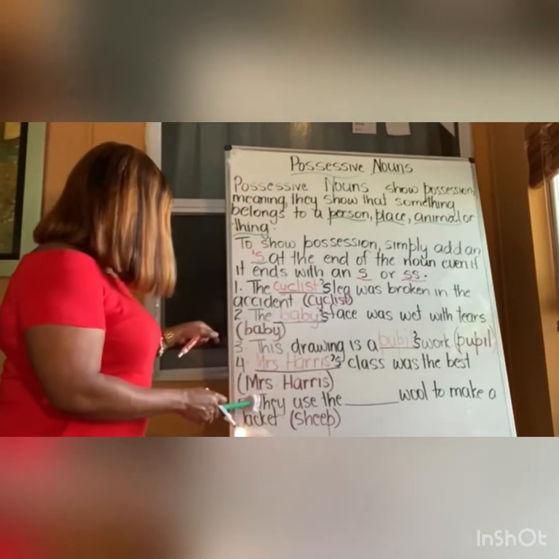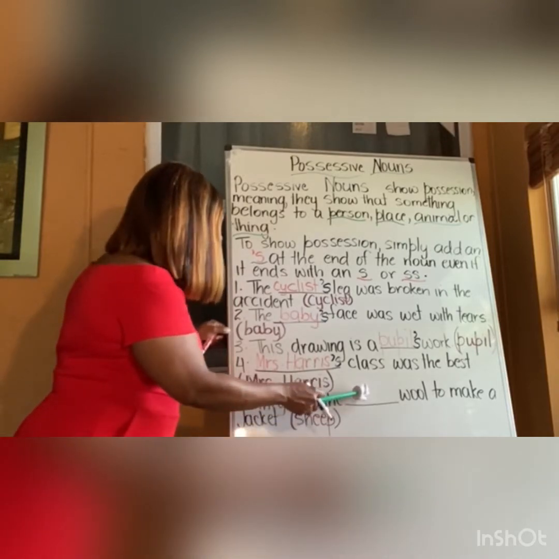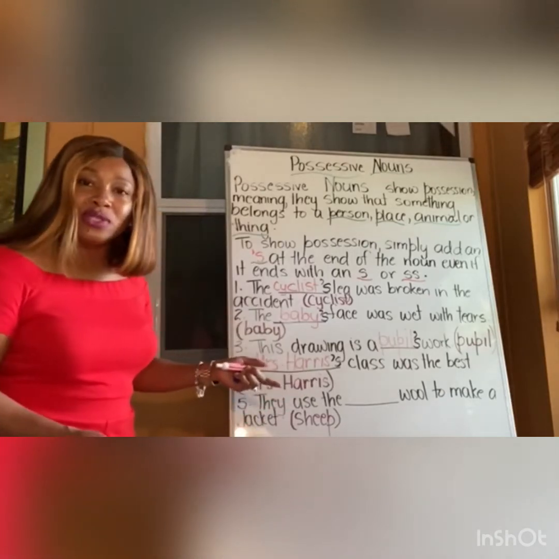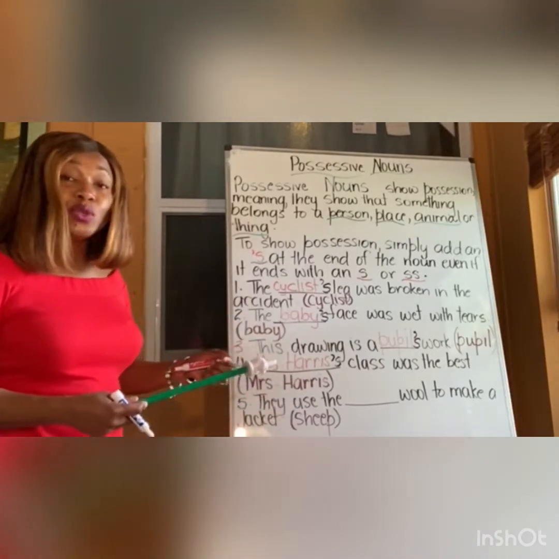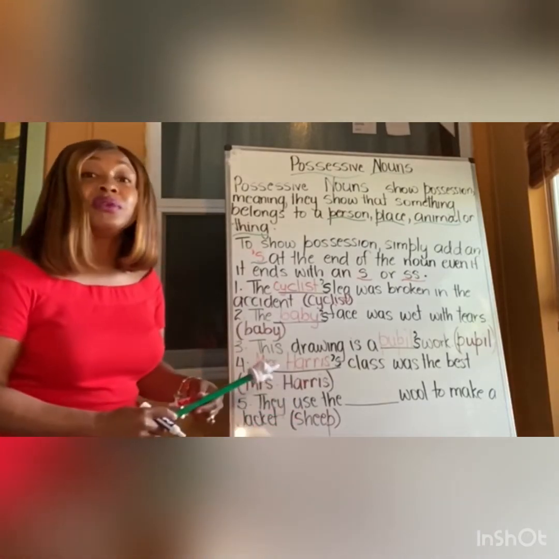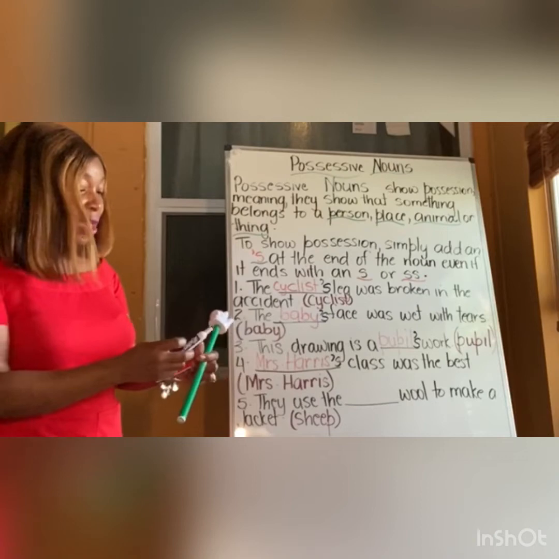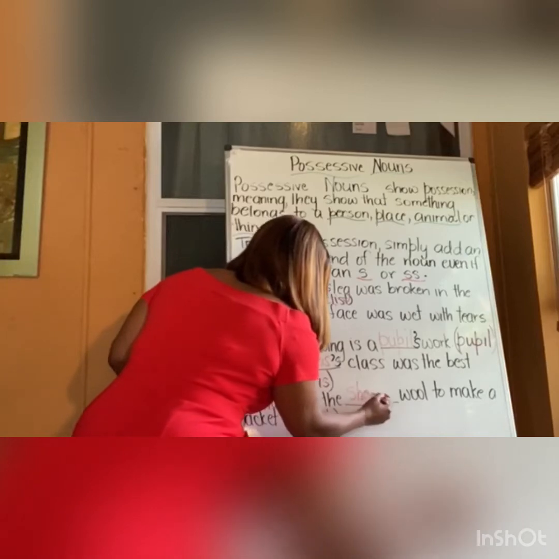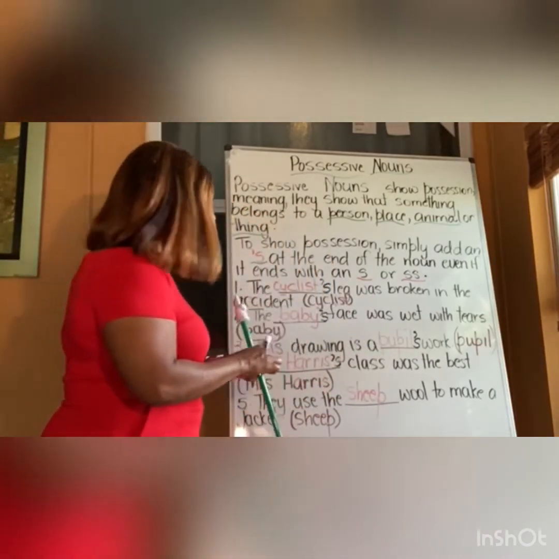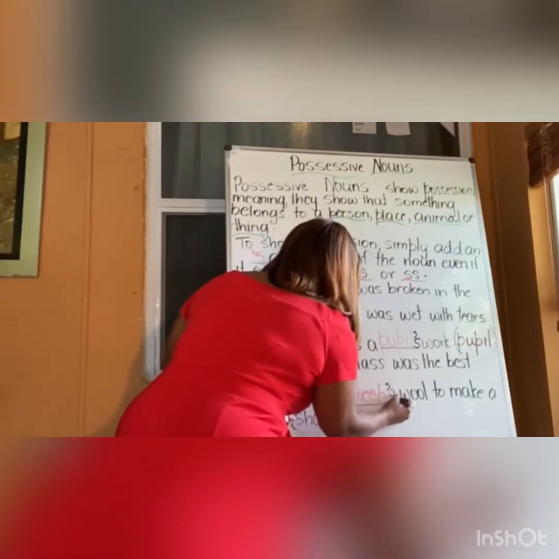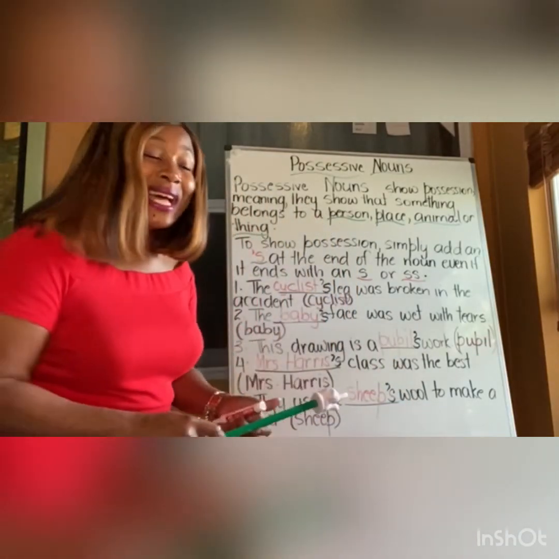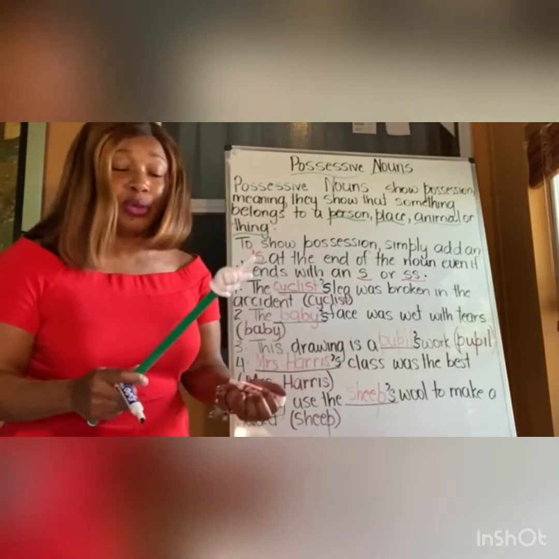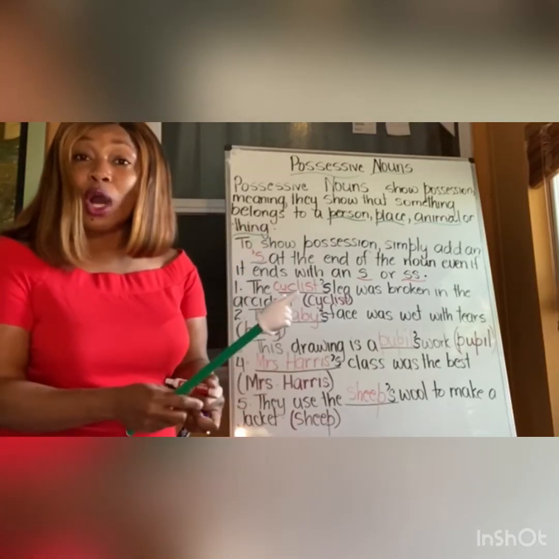Last one. They use the blank wool to make a jacket. Whose wool did they use to make the jacket? The sheep. One sheep. Now all we need to do is write back the word sheep and then add apostrophe S. Now, this is the only time we say sheep's because sheep does not pluralize with an S. It's one sheep.